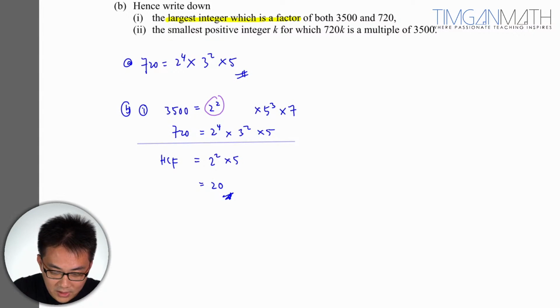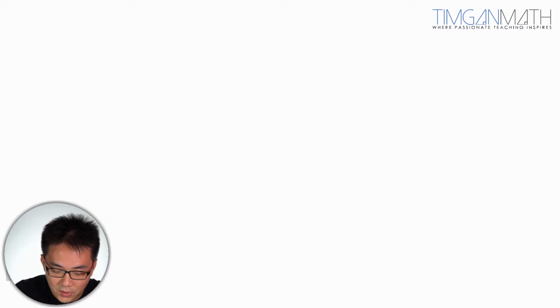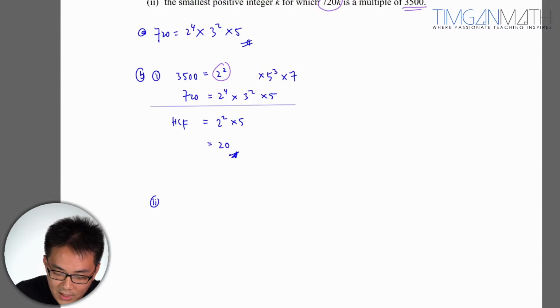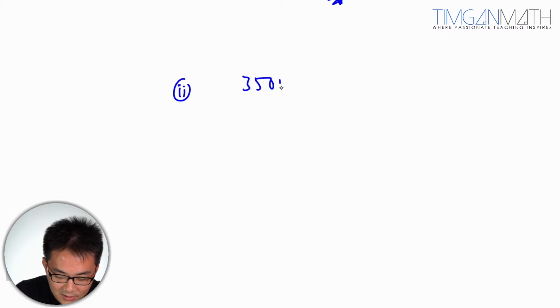The smallest positive integer k for 720k to be a multiple of 3500. Now there's another way to do this if you want to. If you want it to be a multiple, maybe this is too difficult. Maybe I didn't position myself properly.